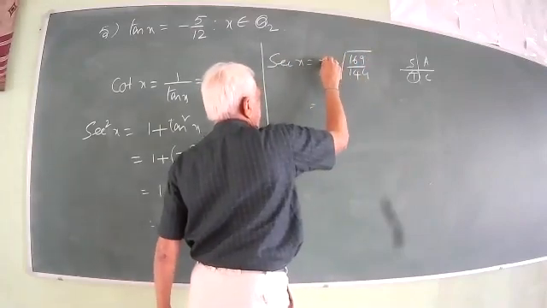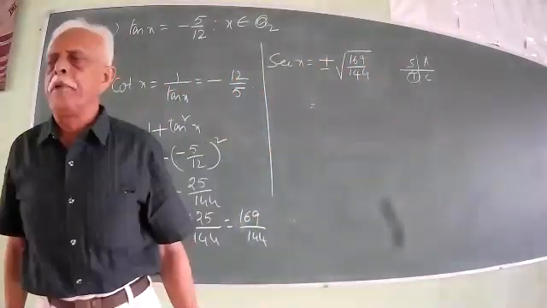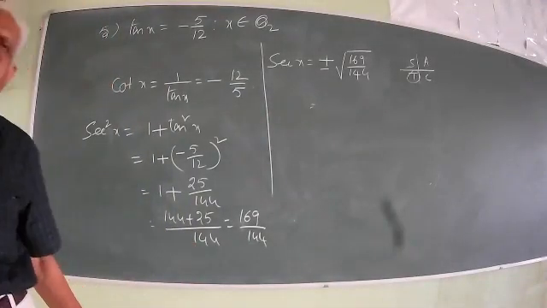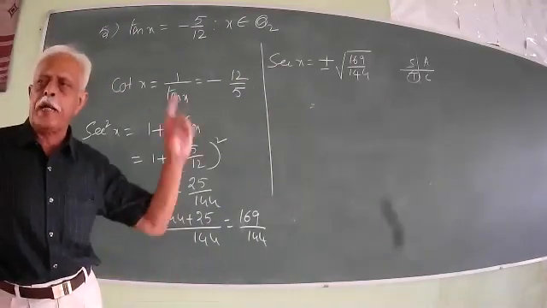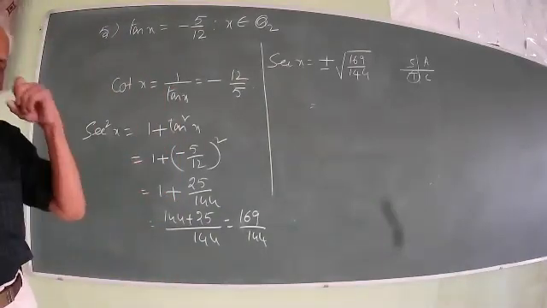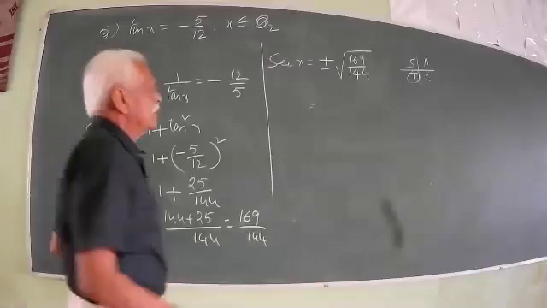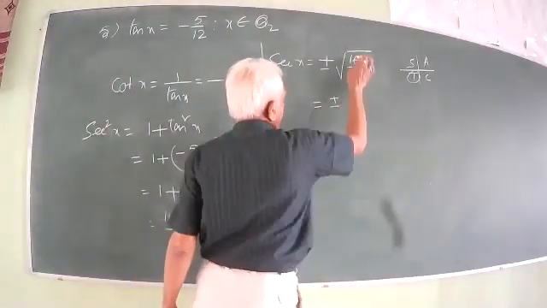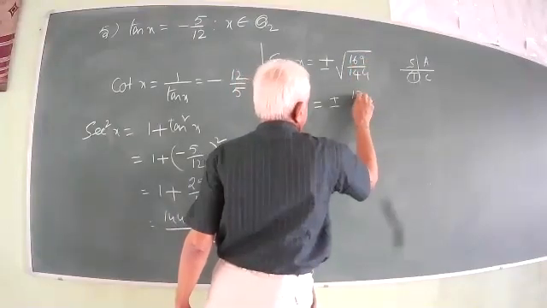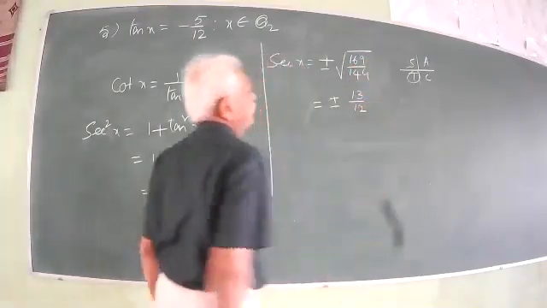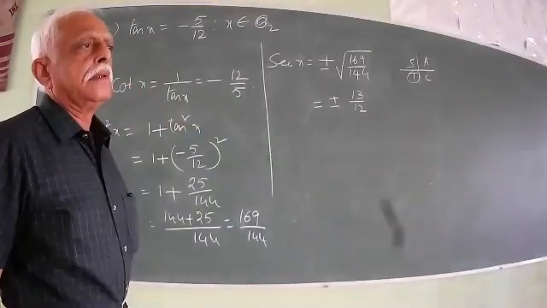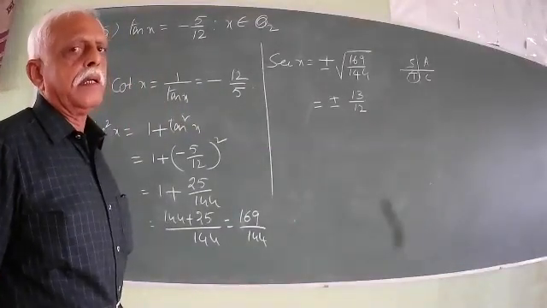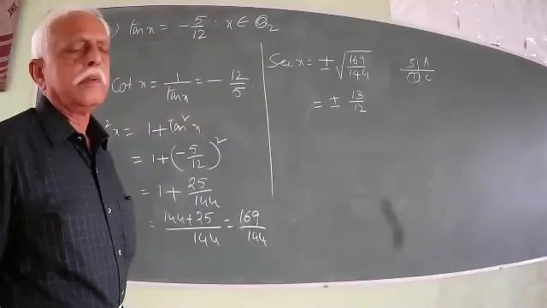Already I told you in the beginning, every one of you must be thorough with the squares up to 25: 1 square, 2 square, 3 square, 4 square, up to 25 square. Now this is nothing but plus or minus the square root, which is 13 by 12. If you don't know the square roots, I am helpless. Learn them at home.